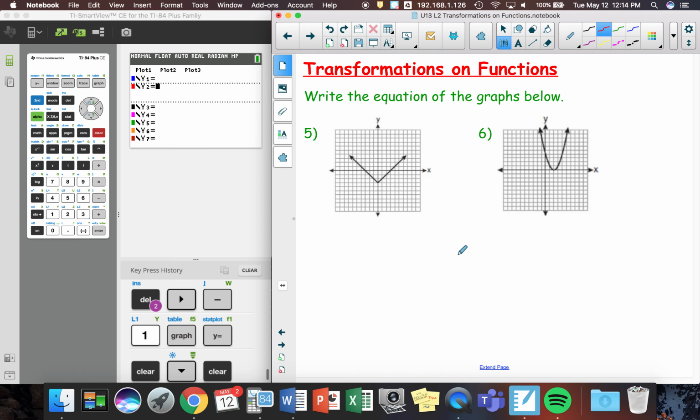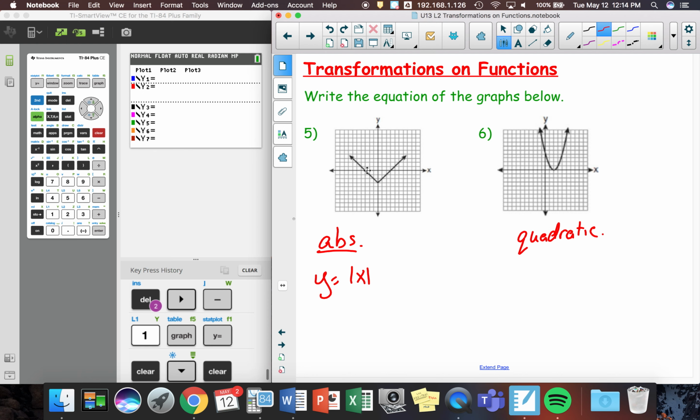Okay, next one. It says write the equation of the graphs below. Easy stuff. Here's the first thing. I see this shape. I know that this shape is absolute value. I've got abs here. Only in math. And for this one, I see that it's a U shape, so I know that it's quadratic. Okay. So that's very helpful. I'm going to start with my parent function. I have y equals absolute value of x. Now I need to figure out what the transformation is.